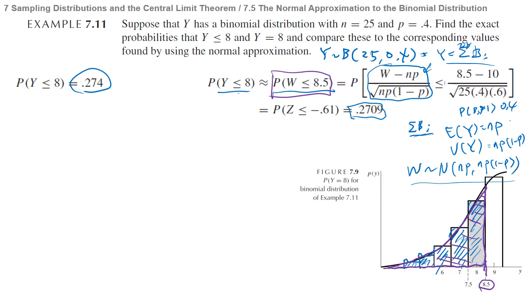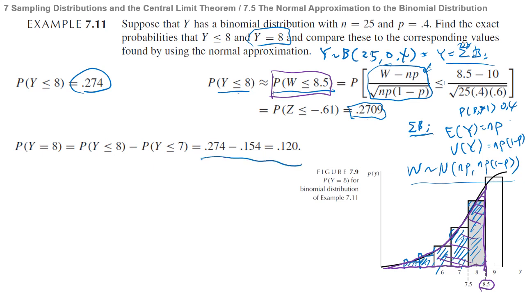Okay, then how can we calculate Y equals 8? The probability of Y equals 8 can be directly calculated from the binomial distribution table, and the probability is 0.120.